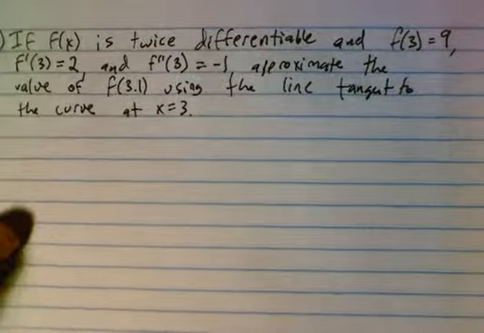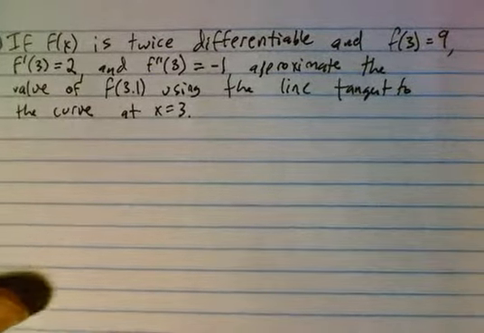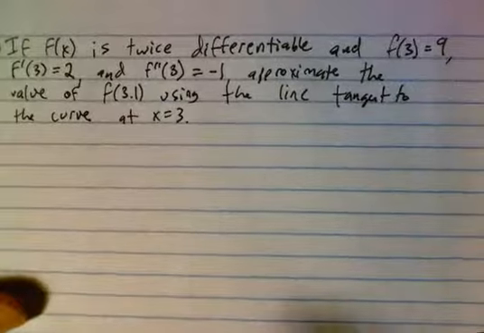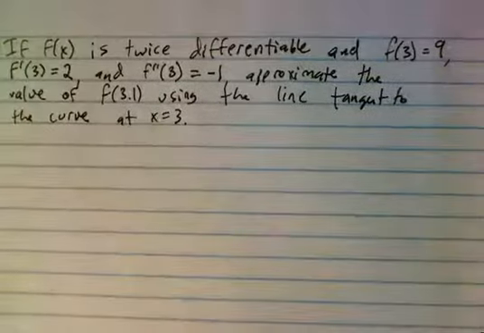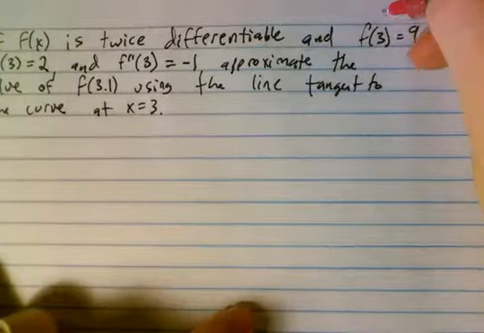We don't know anything about what f is doing when x is 3.1, but we do have enough information to figure out what the equation of the tangent line is. And notice there's some extra information included here. This is very useful information. It's giving us the point.